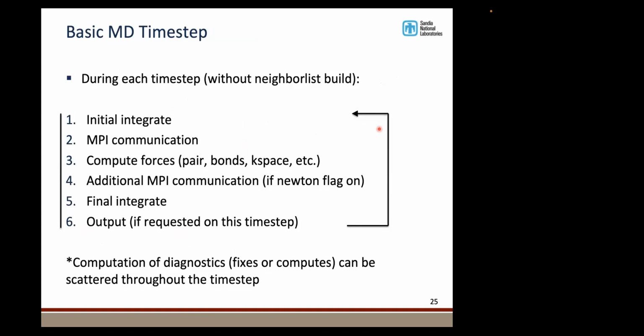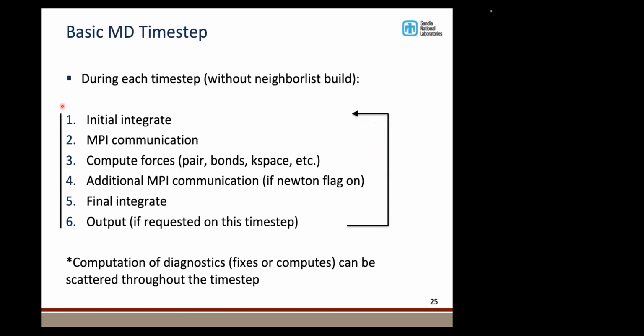Okay, so we talked a lot about different aspects of molecular dynamics. And here is a representation of the basic molecular dynamics time step. So this is every time step, assuming you're not on a time step where you have to rebuild the neighbor list, which would be, say, every 5 or 10 or maybe even 20 time steps.